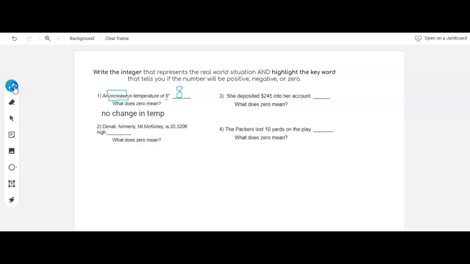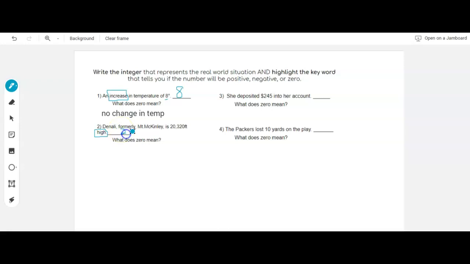Let's go ahead and try number 2. Denali, formerly Mount McKinley, is 20,320 feet high. High in this case, all right? I know it's not on my chart, but my chart doesn't have every single word out there, all right? So sometimes you have to use your knowledge of vocab, okay?